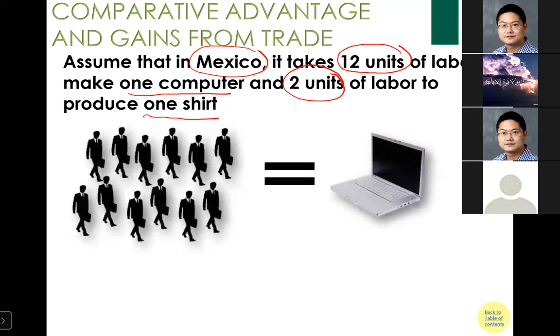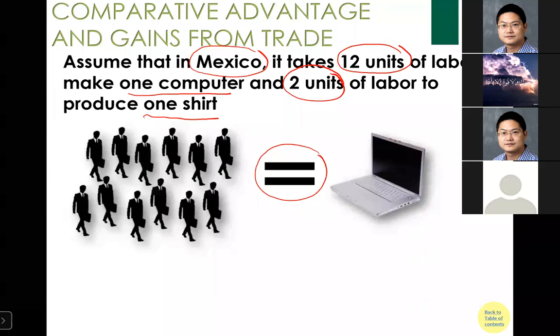Now, let's see how these things look. In the graph, essentially it says it takes 12 workers to produce one computer. Here, this equal sign just gives you the technology, right? It just means 12 workers can produce one computer. But you may not want to interpret this one computer literally.